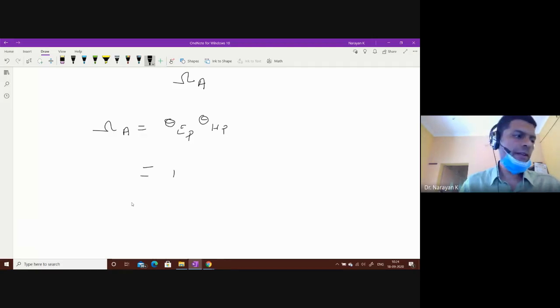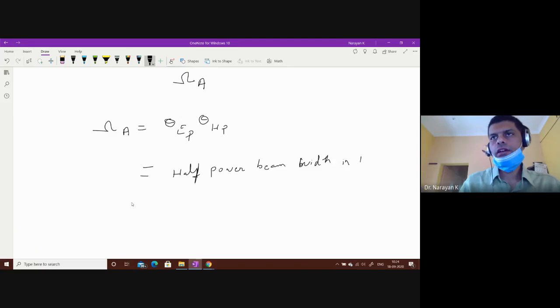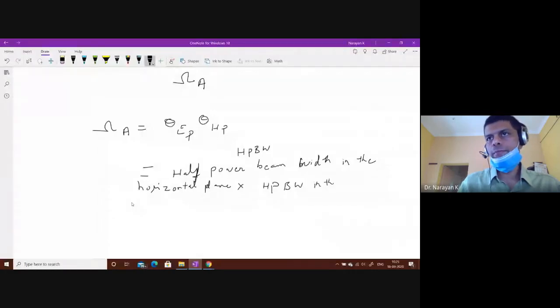So this I can define as half power beam width in the horizontal plane into half power beam width in the vertical plane.